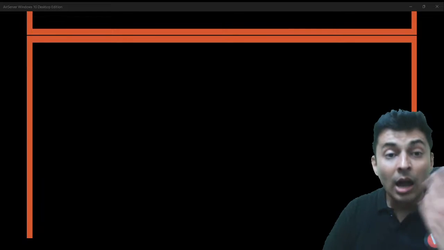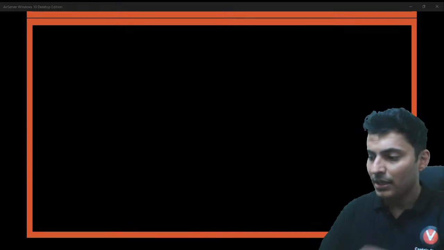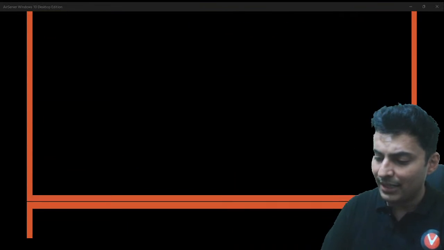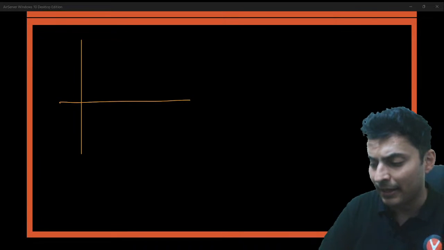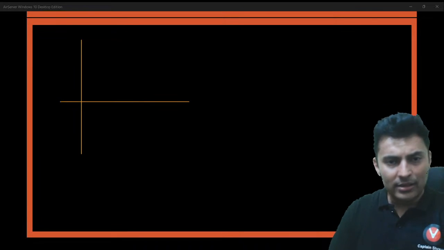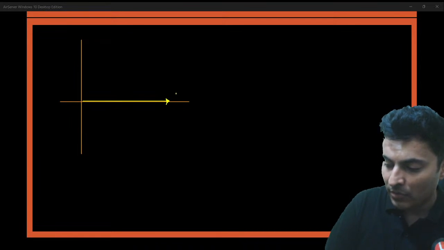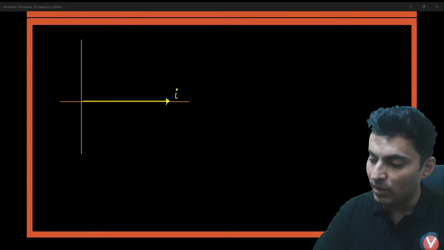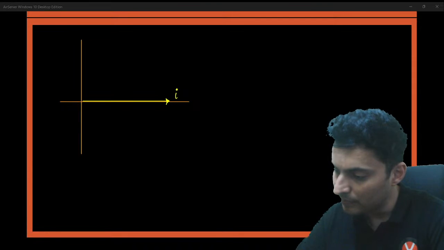Now, how to draw this phasor diagram for an inductive, capacitive, reactive circuit? I'll explain this to you in a very, very simple manner, and you will never ever forget drawing this phasor diagram. Draw two lines. The horizontal line is always for the current.